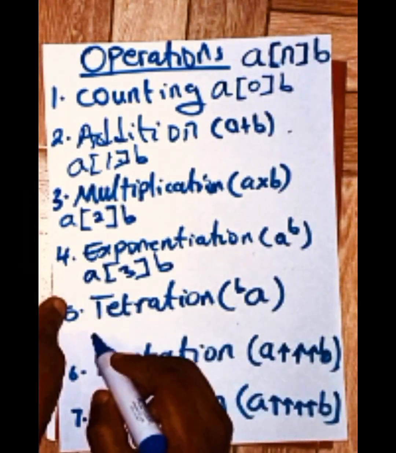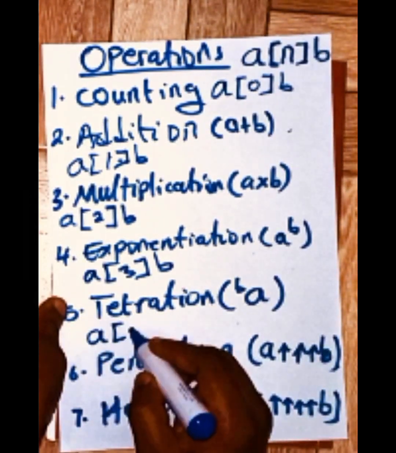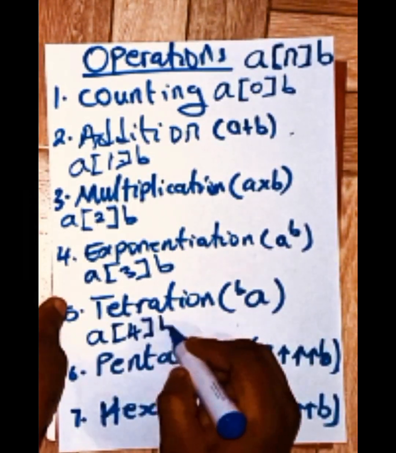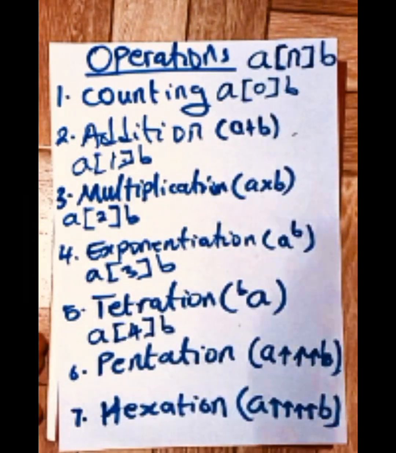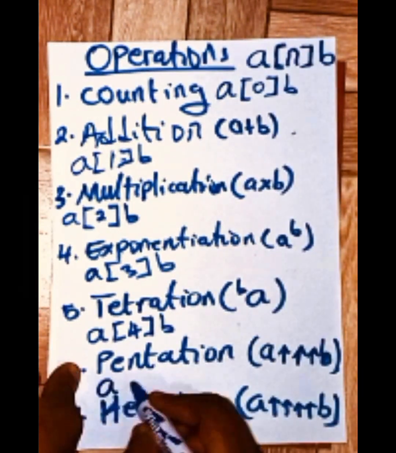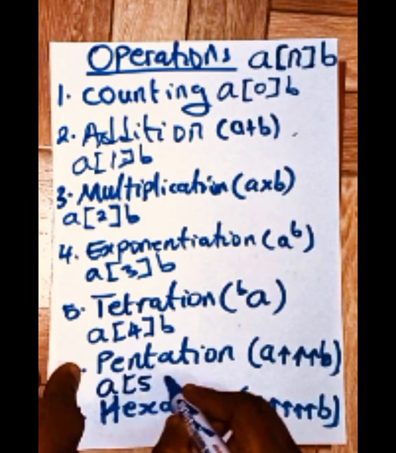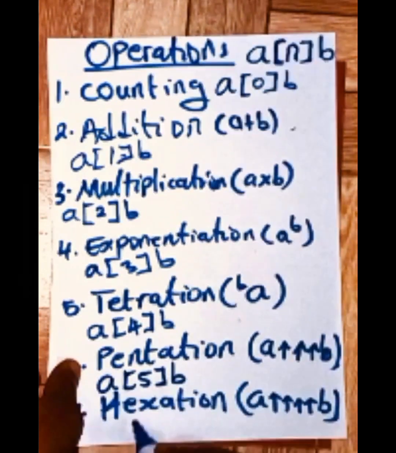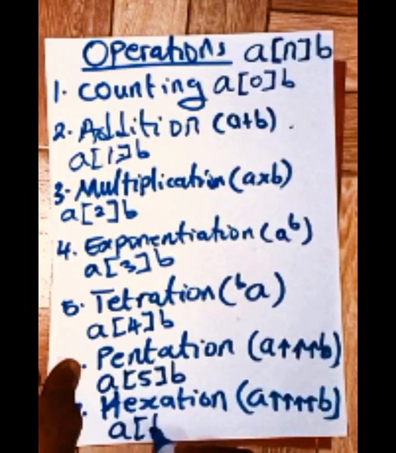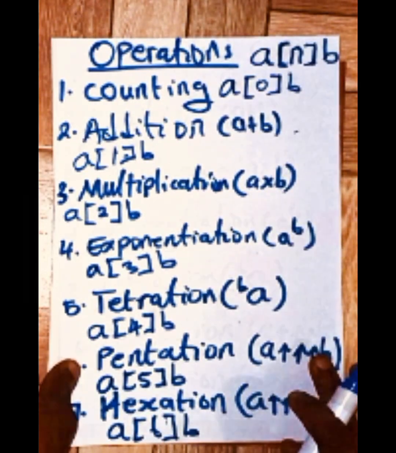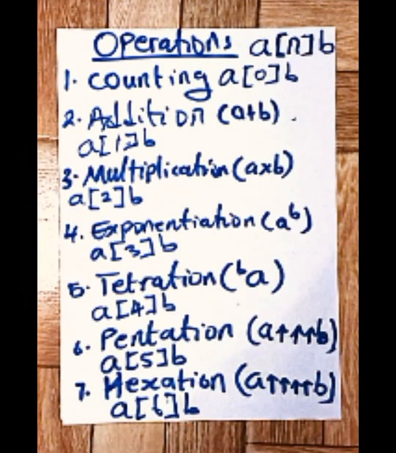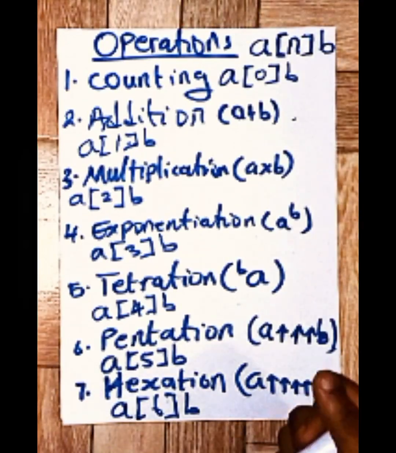We have tetration being the fourth, so it takes a 4. These notations are quite easy to write because they give you the luxury to put any n. So A[5]B for pentation, A[6]B for hexation. This particular notation is called the square bracket notation.